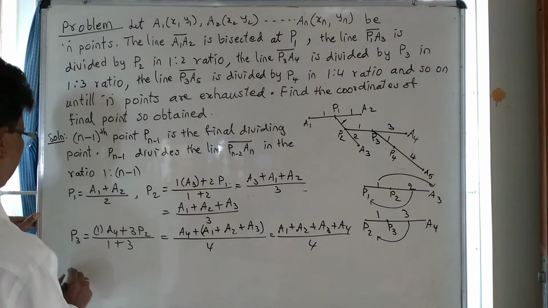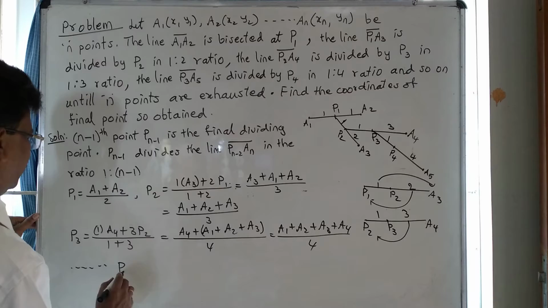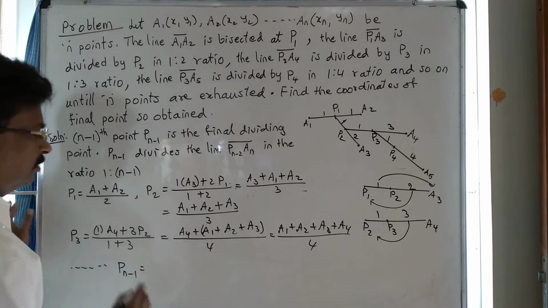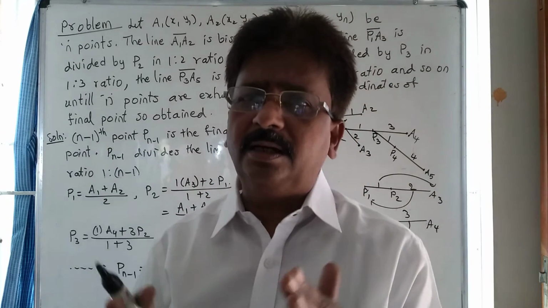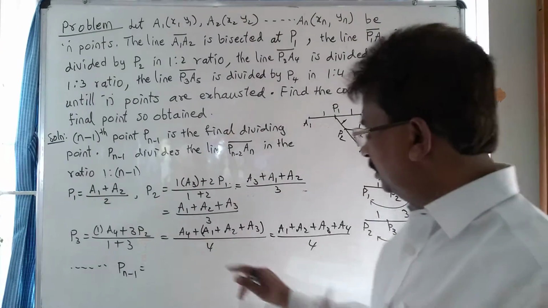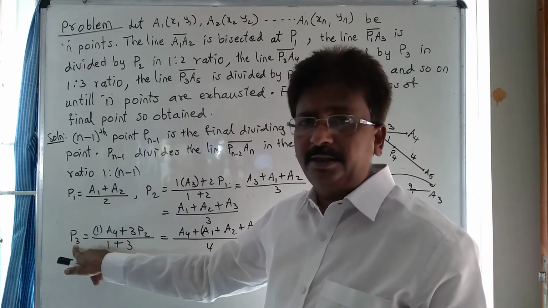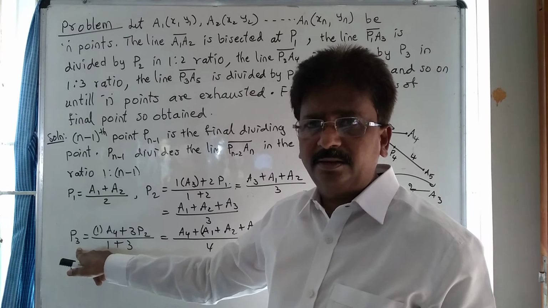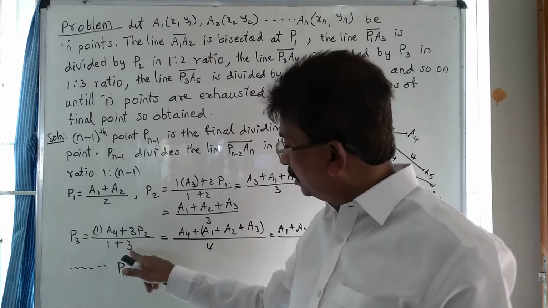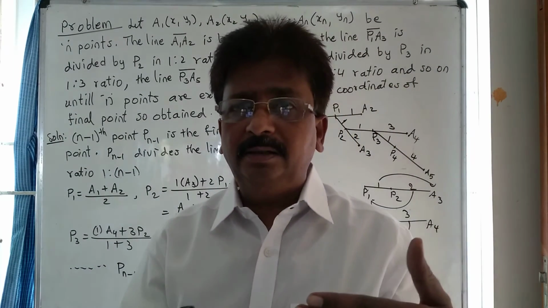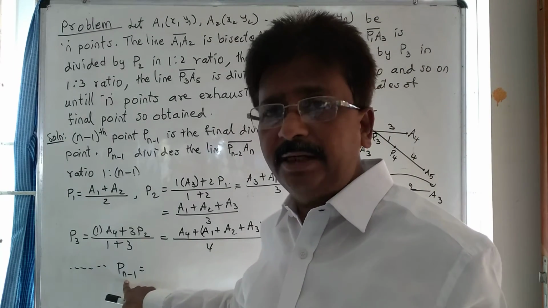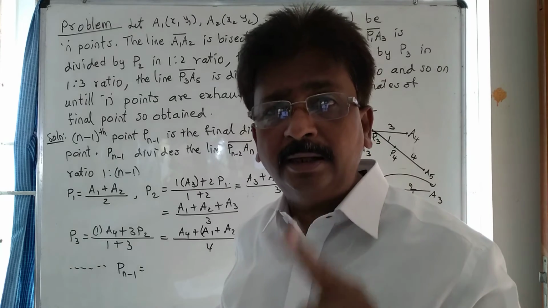What is the relation between the left side suffix and the right side suffix? Suppose, for example, take P3. The number is 3. The denominator also is 4, one more than the suffix of P. So if you write Pn minus 1, the denominator is n.